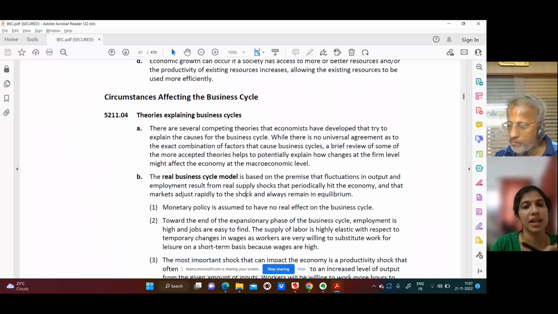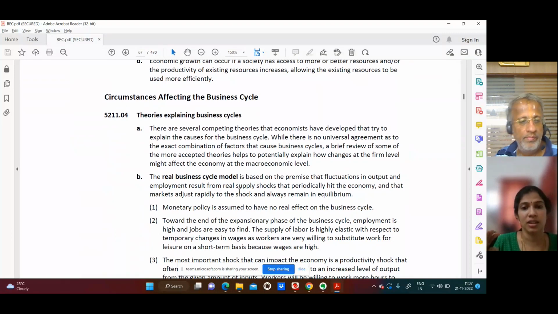So, with that note, what is this theory all about? The real business cycle model. Just think for a moment that all that is happening with the business is because of real factors only, which means that your monetary policy or the interest rates or the availability of money, all that doesn't play a role in this particular model.